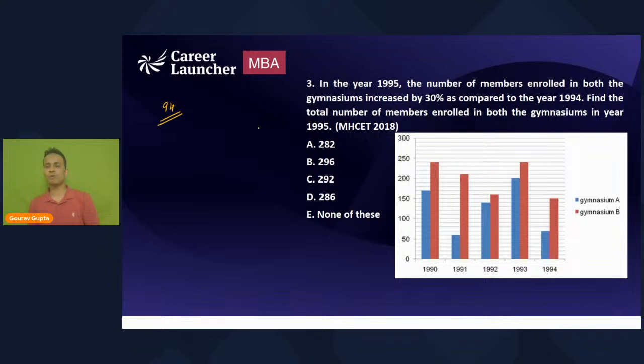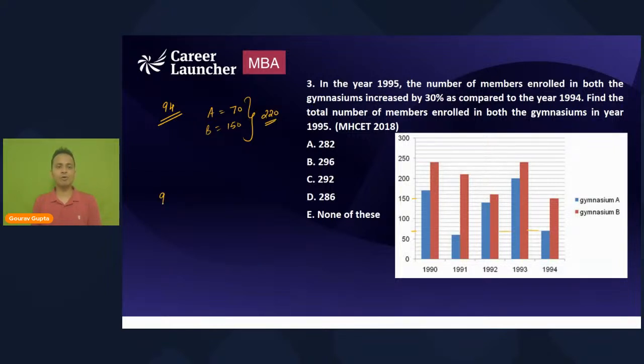Now, first of all, if I talk about year 1994, Gymnasium A has how many members? The value comes to this part. If you go horizontally, Gymnasium A, the number of members is 70. Similarly, Gymnasium B, the number of members, I believe it is 150. So the total number of members in both the gymnasiums together will be 70 plus 150, that is 220, right?